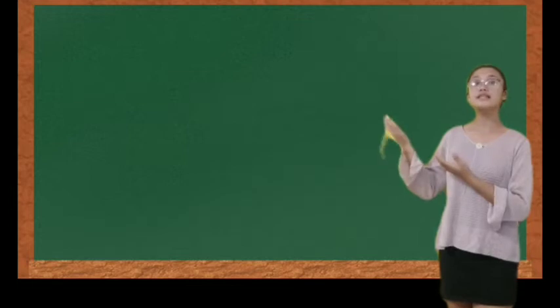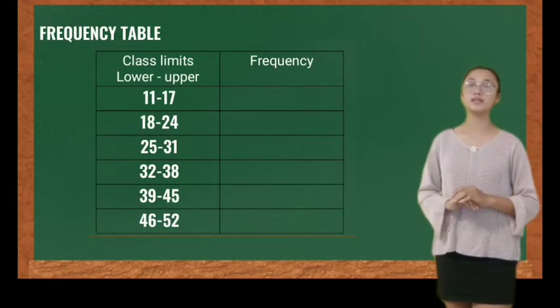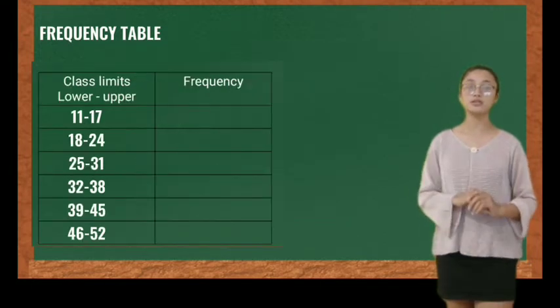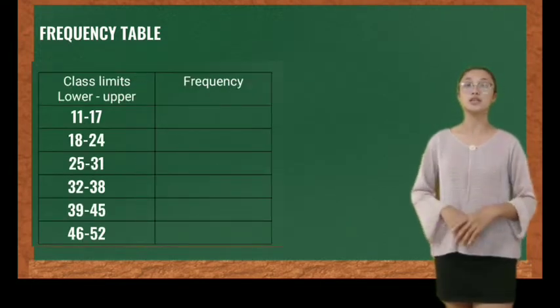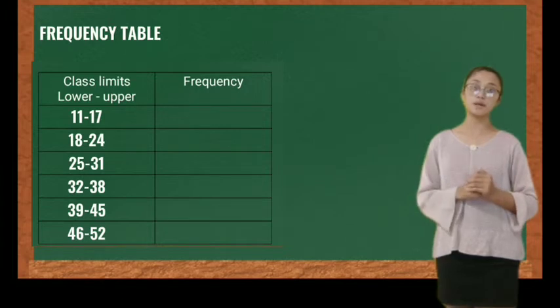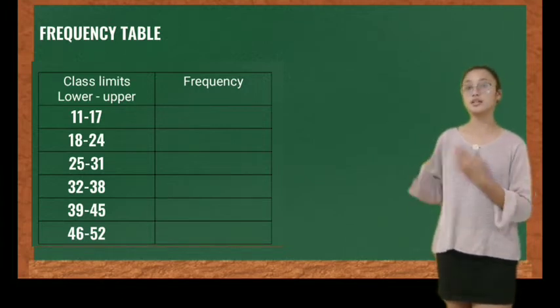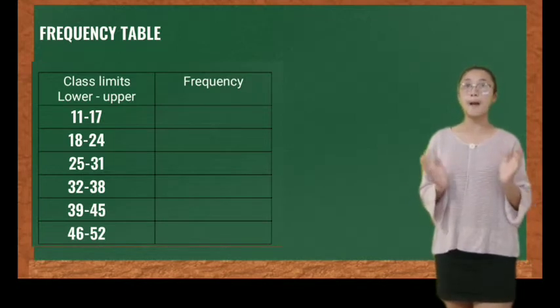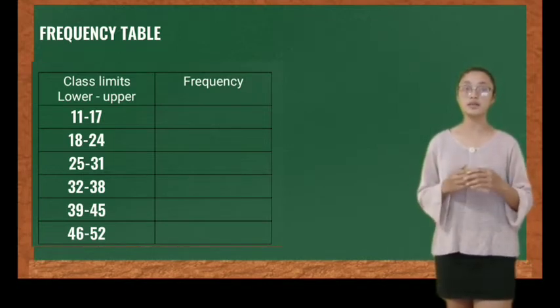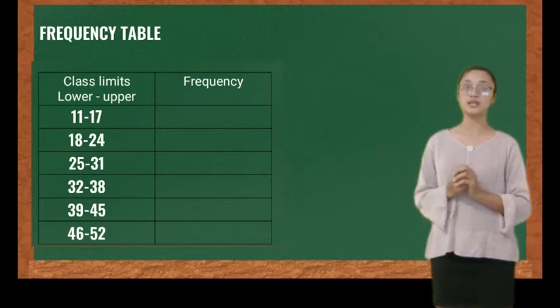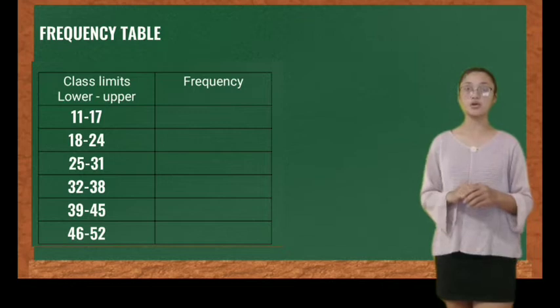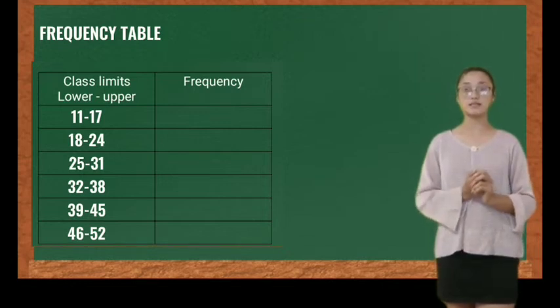In our frequency table, we have our class limits from lower to upper limit value. Take note that the class width is 7, so the distance between the two numbers is 7. We can see in our given class limit values that the distance from the lower class limit to the upper limit value is 7, and that's what the class width does. It makes sure all the classes stay the same size.